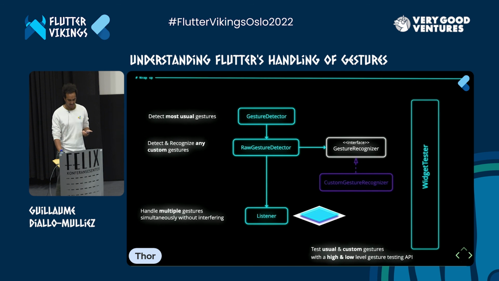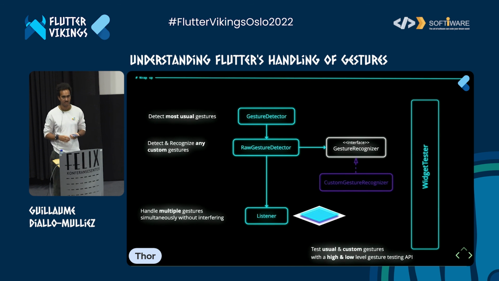And finally, what's great is that the widget tester can help you test all those implementations regardless of what you use, and that you have very high-level APIs so that your tests are really neat and clean, and you have lower-level APIs to implement custom gestures, so you can really play with this and test however you want. That's really cool.